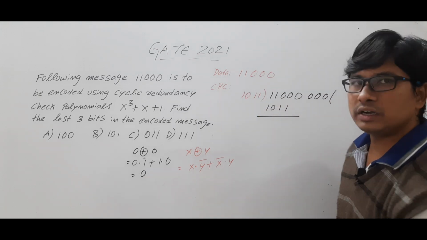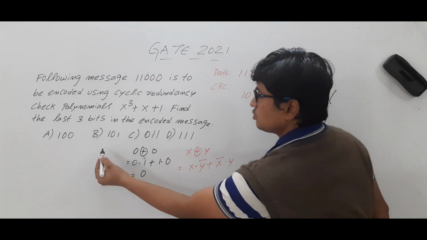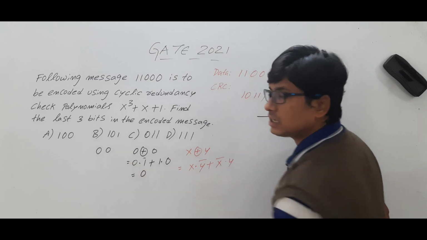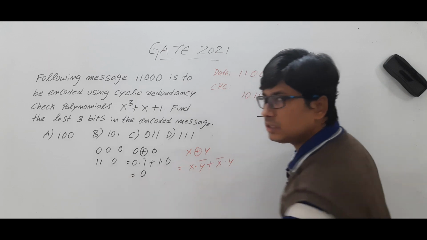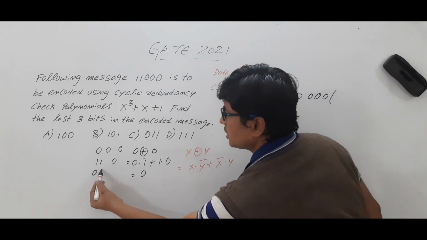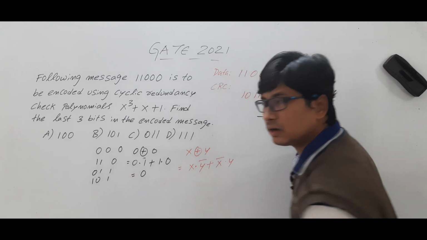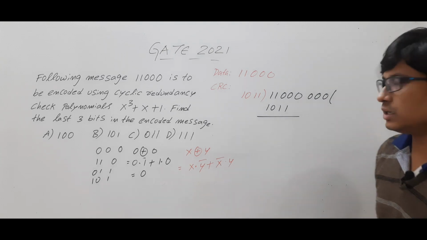Is it clear? So what I can say is that in exclusive OR, if both the inputs are same, you will get the output as 0. If both the inputs are different, such as 0, 1 or 1, 0, you will get 1 only. So with this one, you can do it.